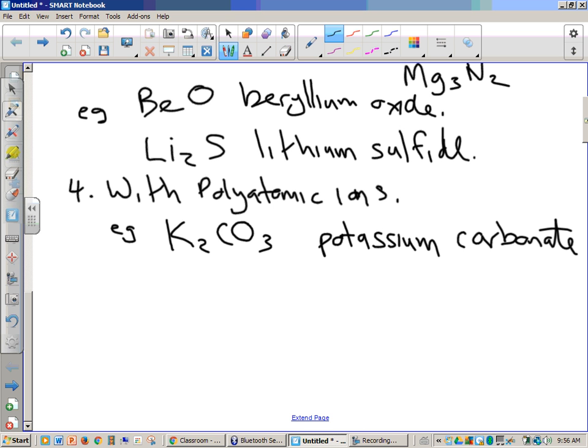So what if I wanted the formula of aluminum phosphate? I would treat that like any other formula. Aluminum, Al. What's the charge on an aluminum? That I think you guys can figure out without the chart. +3.